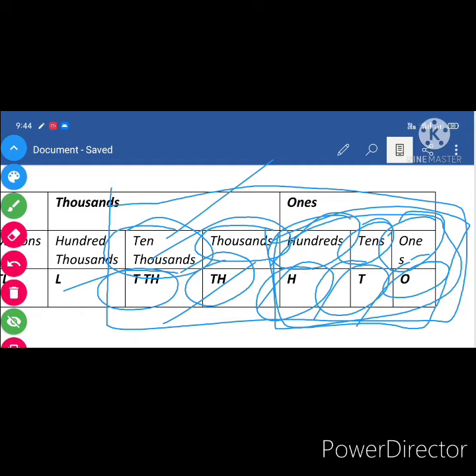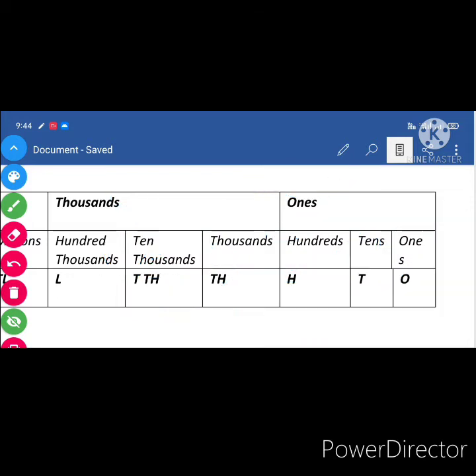Still now there is no difference between them, and you may be a little confused whether a number written this way is Indian or international.